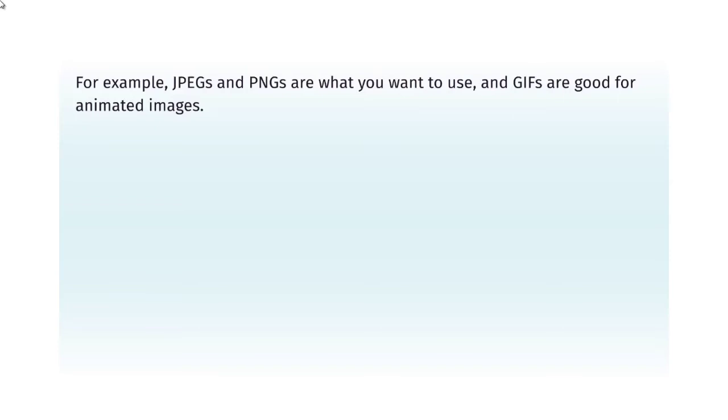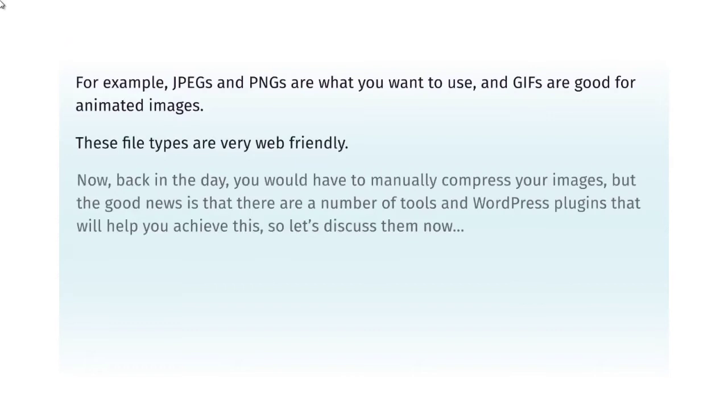JPEGs and PNGs are image file formats that are squeezed down and compressed for web use. Now, GIFs, on the other hand, are basically animated images, but they are also compressed. And like I said, these files are very, very web friendly.